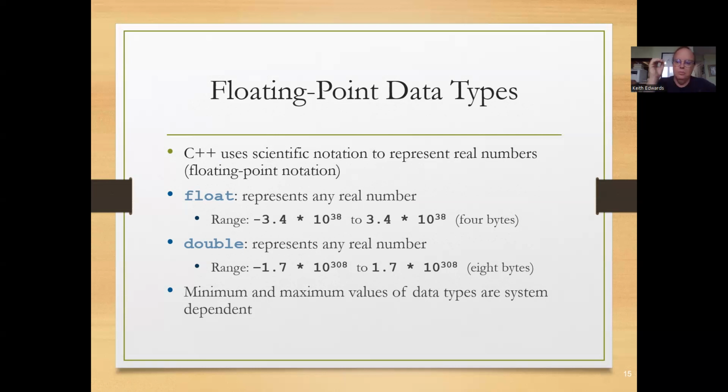And there are some limitations there. We'll get into some of those limitations when you take the numerical analysis class. But for now, assume that it can represent those real values. And the minimum and maximum values of these data types are system dependent. So these are the values given in Malik, but your mileage may vary depending on what system you're programming.